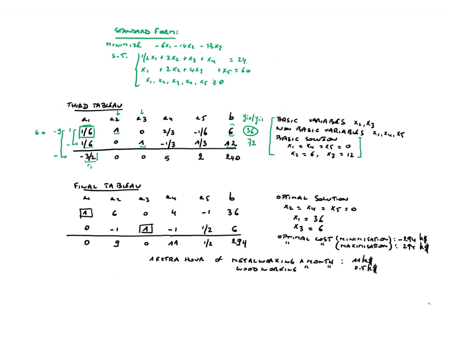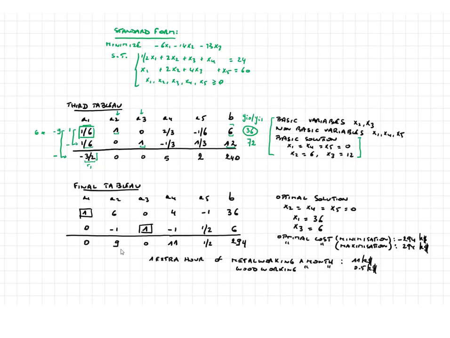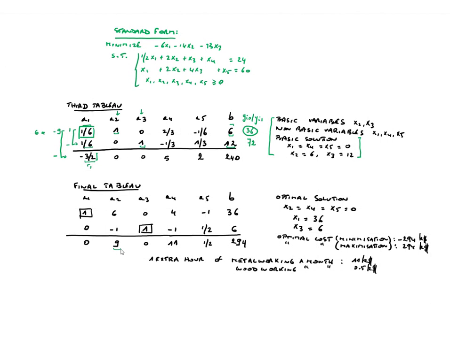If you go through the calculations, you obtain the fourth and final tableau, because you can see over here that all the reduced costs and all the shadow costs are positive. So we have arrived at the optimal solution.